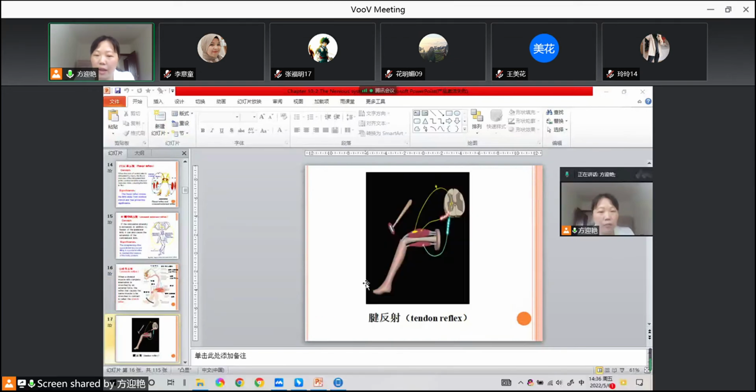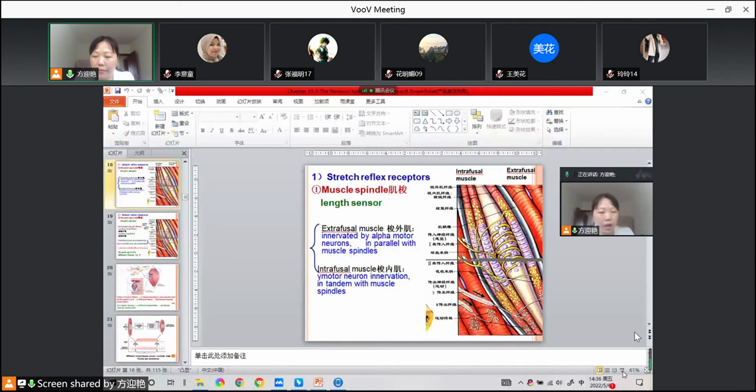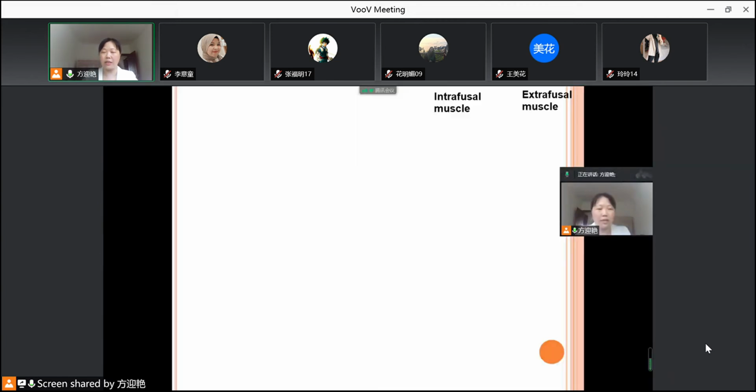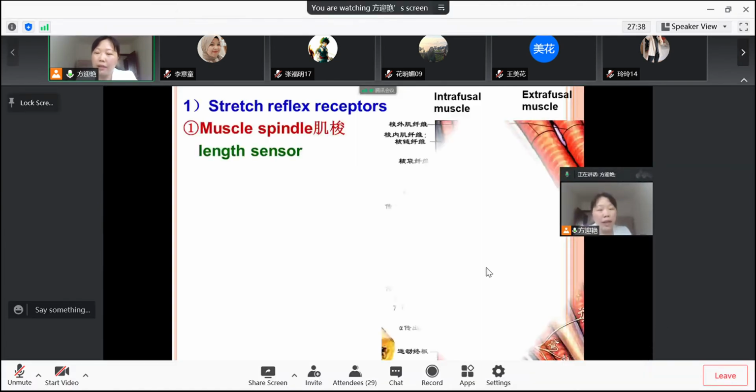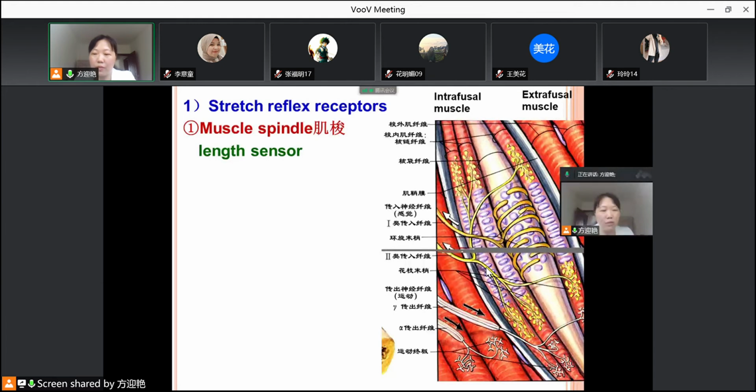Then for the stretch reflex, we studied last class, I hope you know, the reflex arc. This reflex is based on the structure of a reflex arc. In the reflex arc, first we see the receptor. For the stretch reflex, the receptor is the muscle spindle.